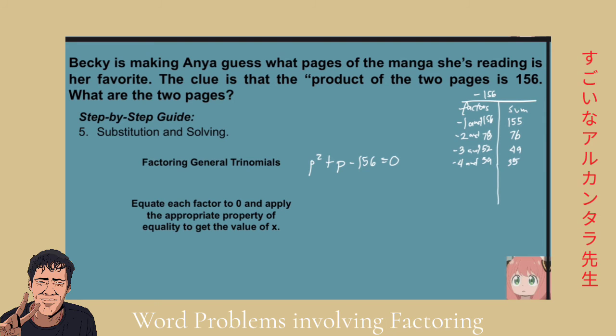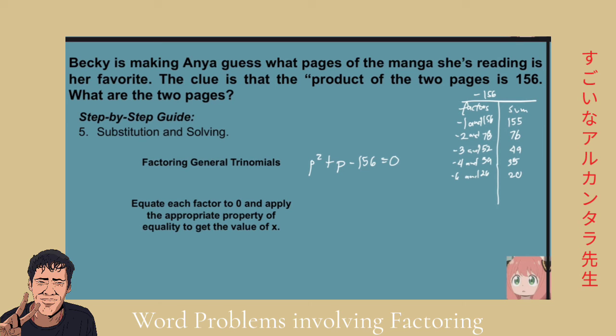So nope. Let's continue. Divisible by 5? Nope. Divisible by 6? Is it divisible by 6? Yes. So negative 6 and 26. But that will give you a sum of 20. So we're getting there. Is it divisible by 7? Nope.